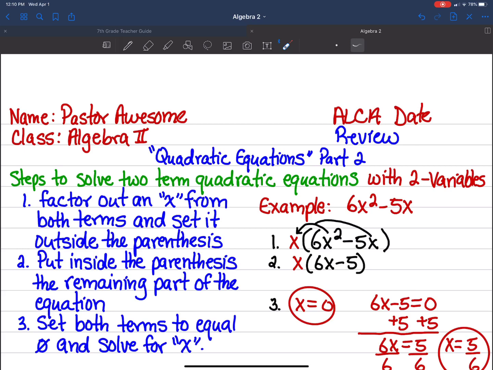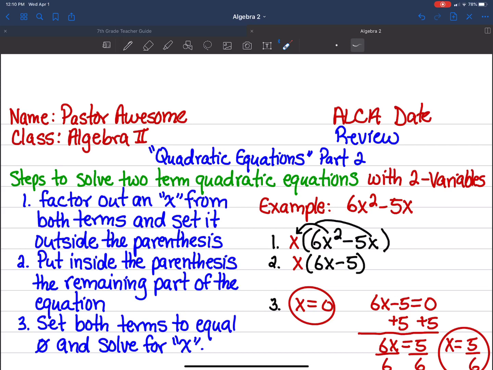Number two, we're going to put inside the parentheses the remaining part of the equation. We took an x from this one and we took an x from that one. That one became just a regular x, and this one here was left with nothing. Zip, zero, nada.